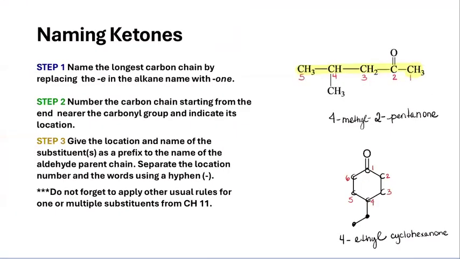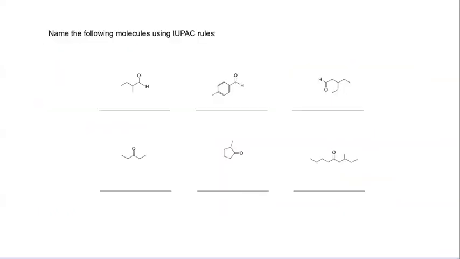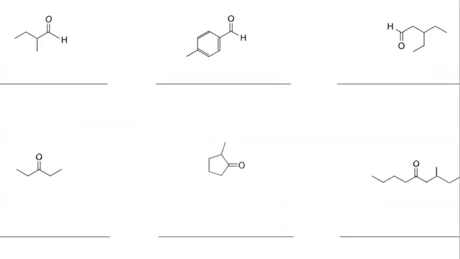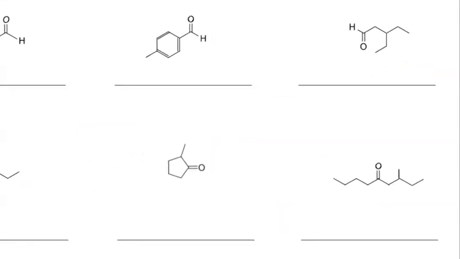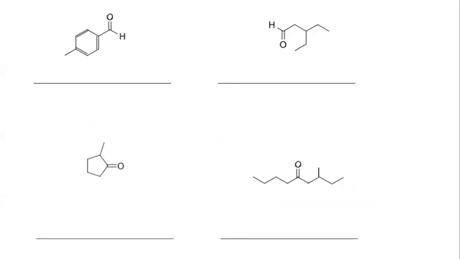Let's now practice how to name structures for aldehydes and ketones. I'm going to specifically do the 2 that are in the middle when you look at the whole slide, but in this zoomed in version is going to be the ones on the left.